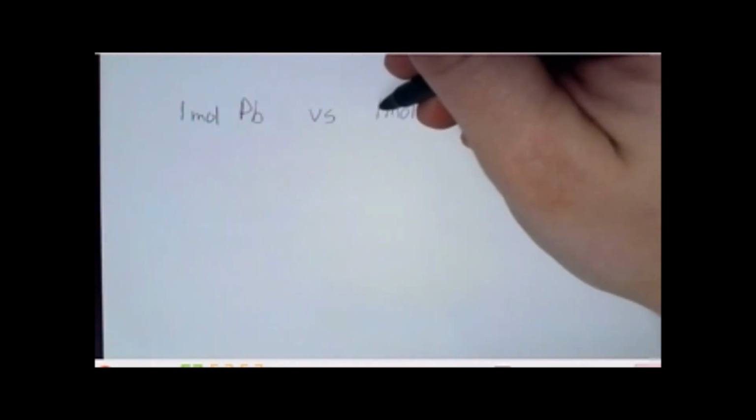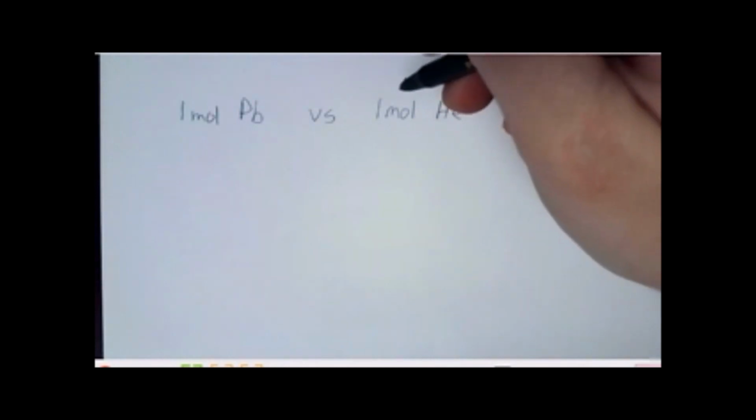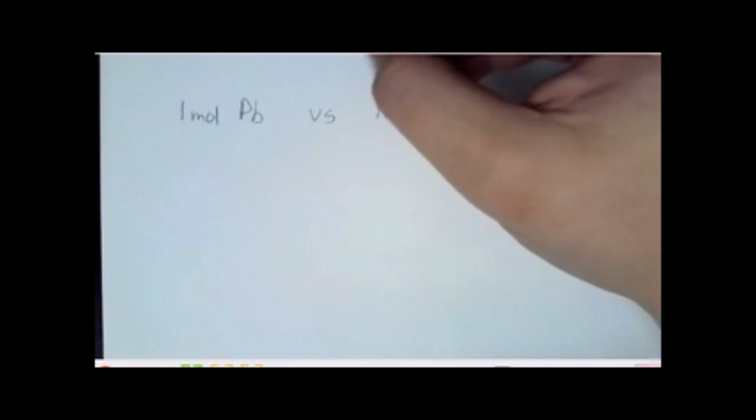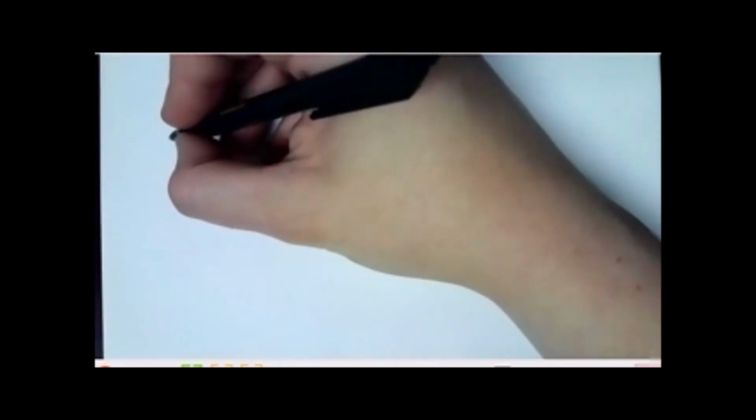If you said a dozen chickens versus a dozen eggs, which one's more? Well, a dozen is still a dozen, regardless of whether you talk about big chickens or little eggs. So big lead versus little helium, they're both the same amount. Now, which weighs more? Well, clearly the lead, because lead has a molar mass of 207 AMU per element.